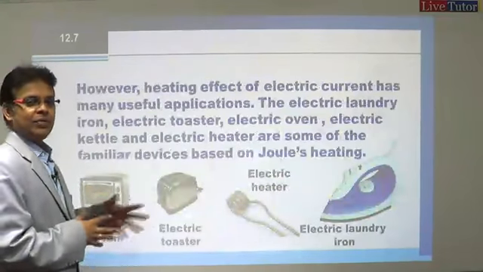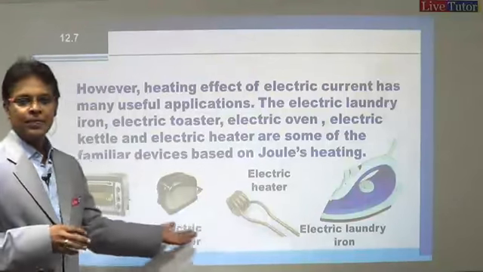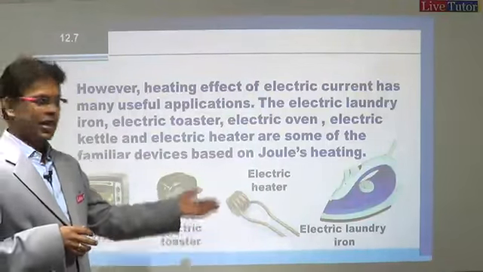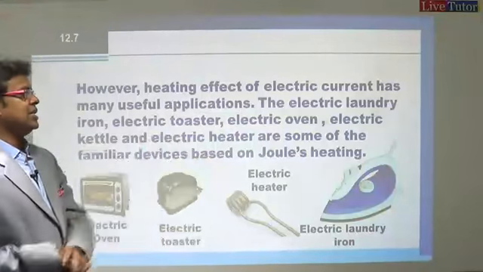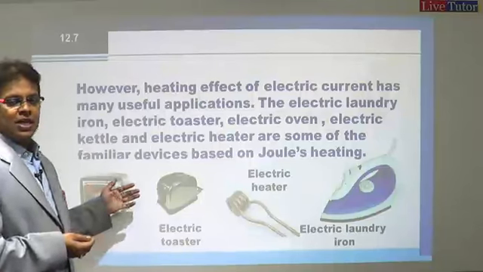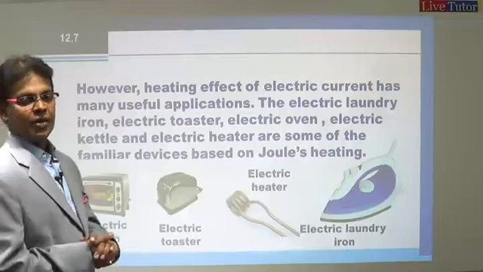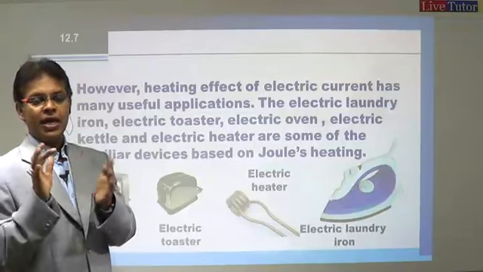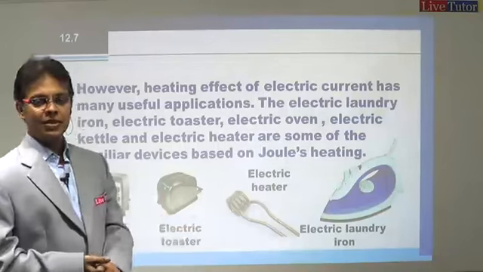But in spite of that, the heating effect of electric current has got many applications. As we have seen, the laundry iron, electric toaster, electric oven, electric kettle, or the electric heater, all these devices are based on Joule's law of heating, right? The undesirable effect is made use of so that it becomes desirable.